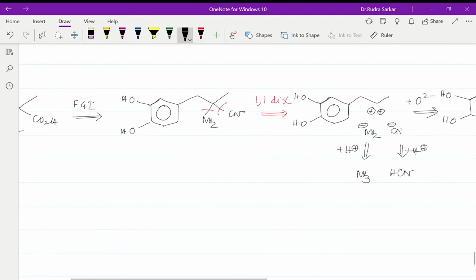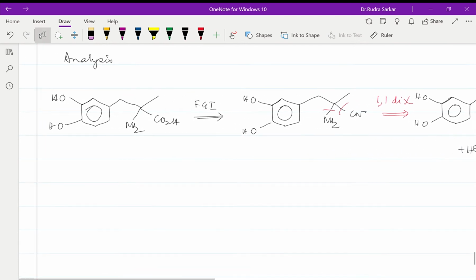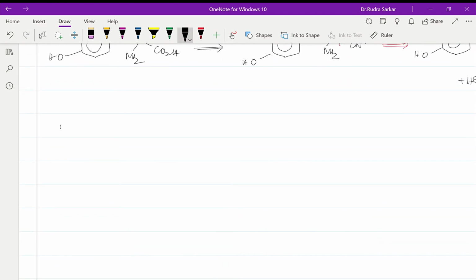And now if we were to think of the synthesis of this molecule, that is this target material, let us call this over here as 3.